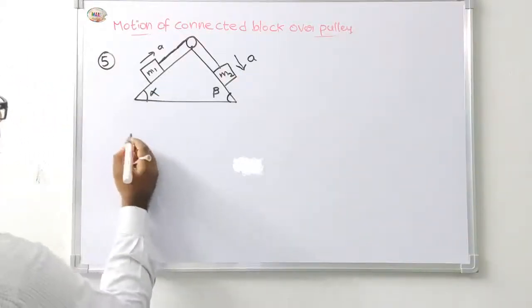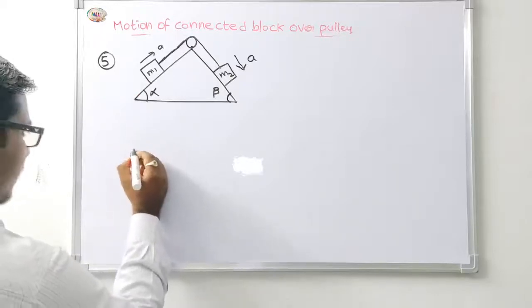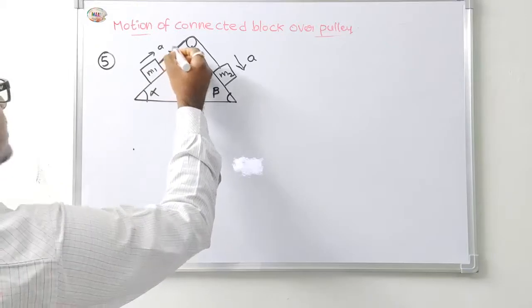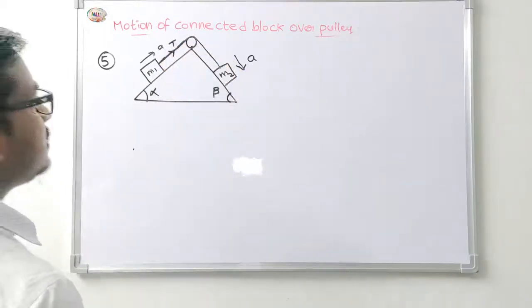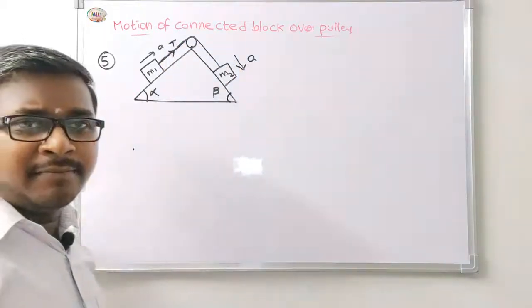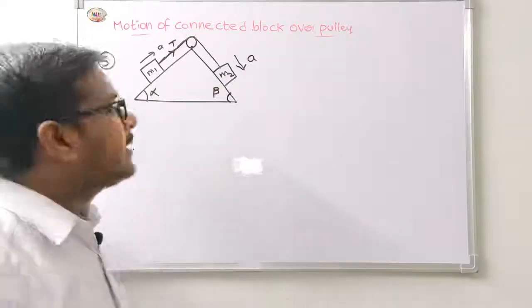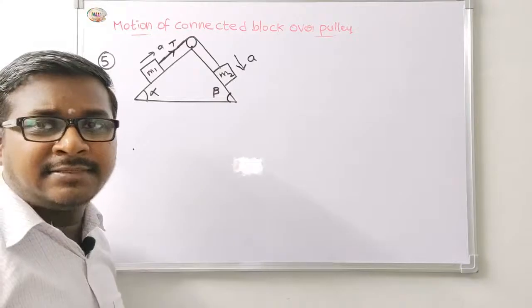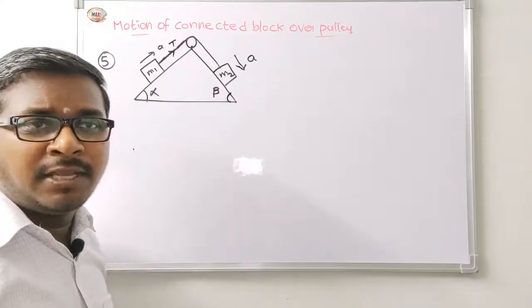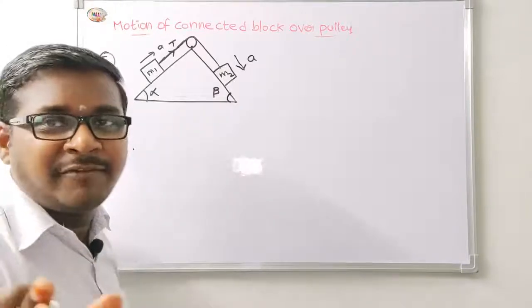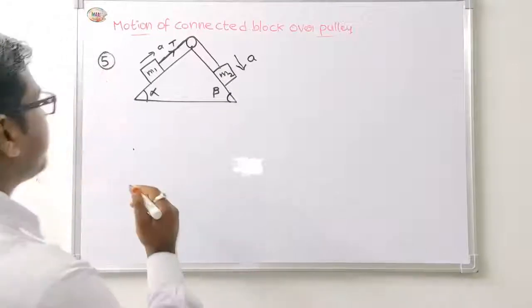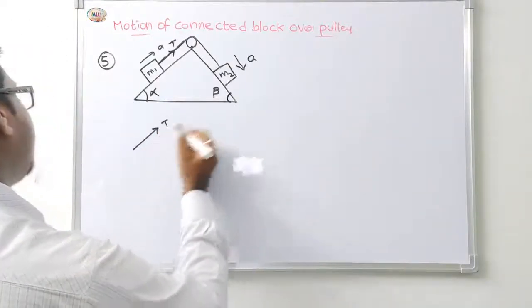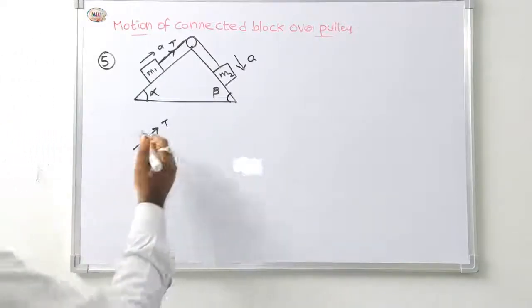First take the M1 block. There is only one tensional force, and it is the same because the string and pulley are massless. There is no friction between pulley and string. T is acting in the forward direction.